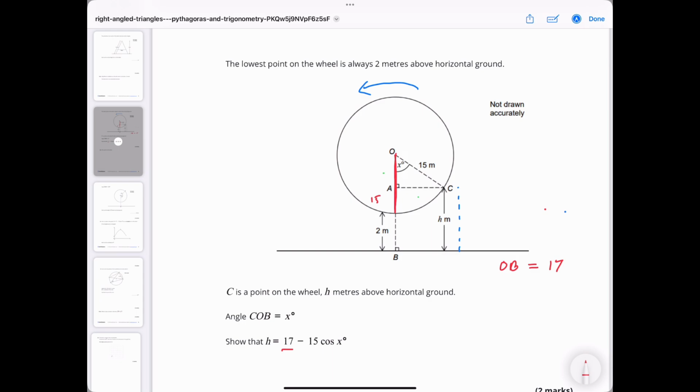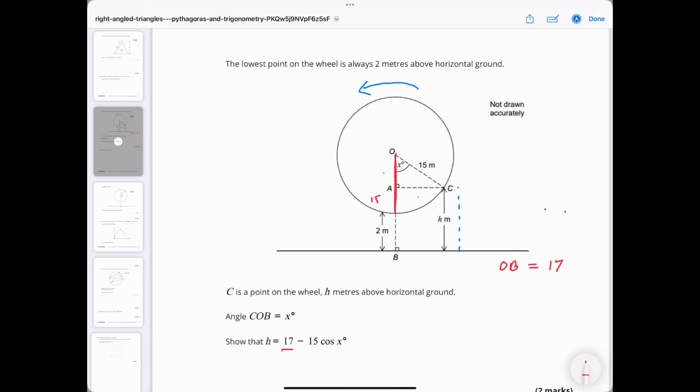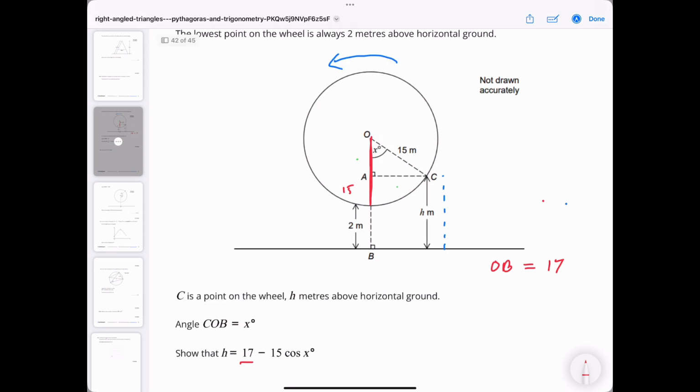Now, in order to find out what H is, we know that between O and B is 17. So now we've got to find out what OA is. If we can find out what OA is, we know that 17 minus OA will equal H.